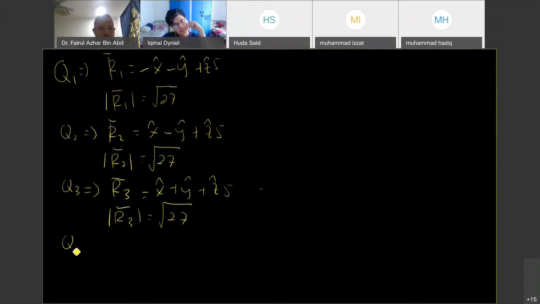And for Q4, R4 is equal to minus x cap plus y cap plus 5 z cap, and the magnitude is also the square root of 27.